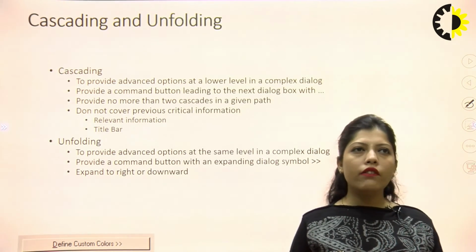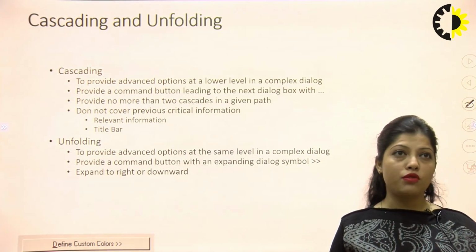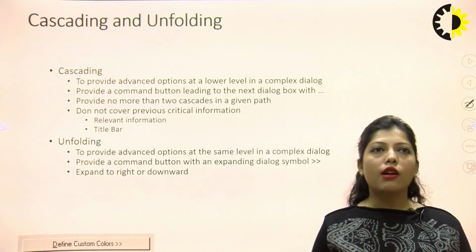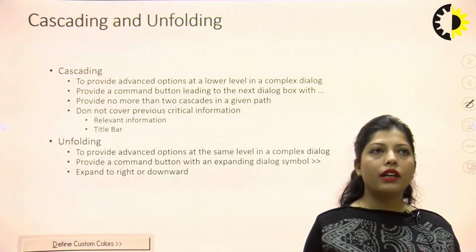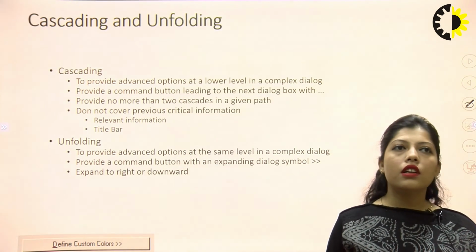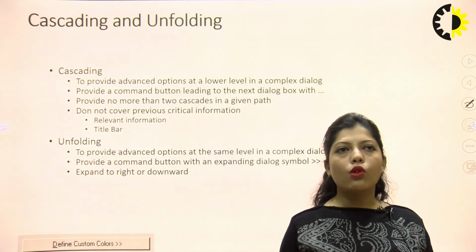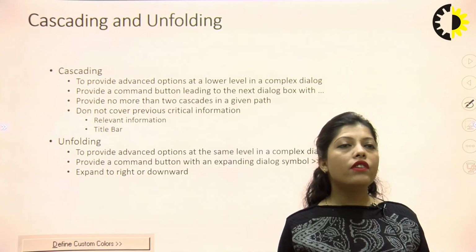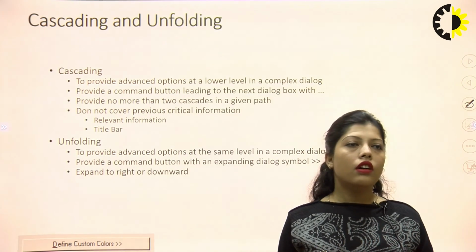In a cascading window, multiple advanced options are available at a lower level, and it provides command buttons like OK button, cancel button. They provide no more than two cascades in a given path, and they do not cover previous critical information.